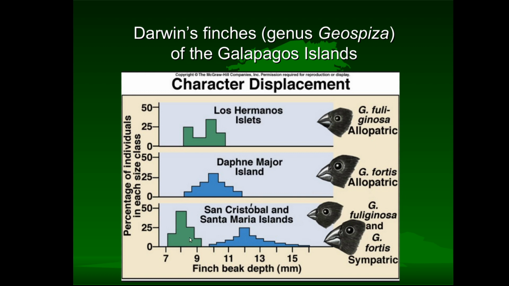The small-beaked one was quite small, and the large-beaked one was quite a bit larger than you'd see on islands where they're in allopatry, where the other species is not present. Where the same two species live separately on different islands, the two beak sizes almost completely overlapped. They're almost the same beak size here.